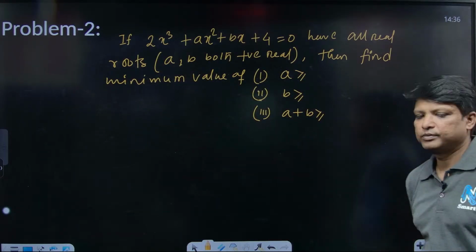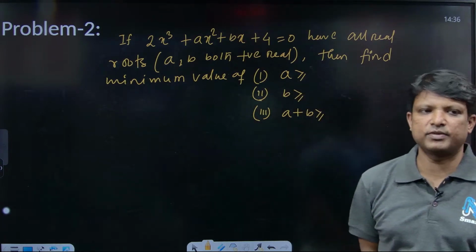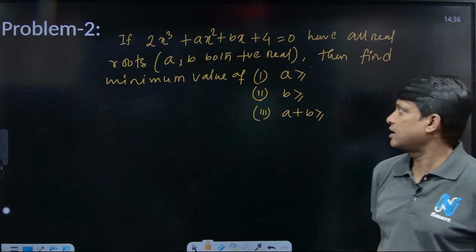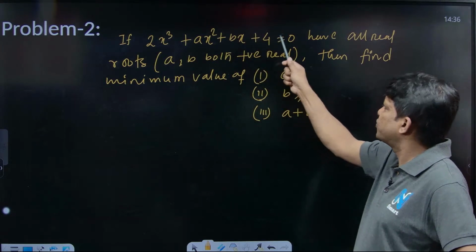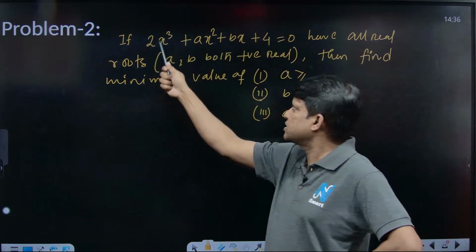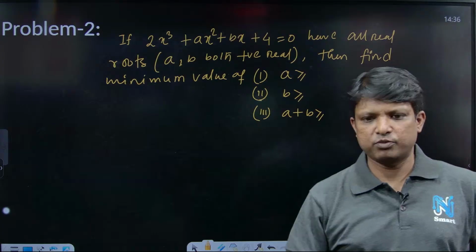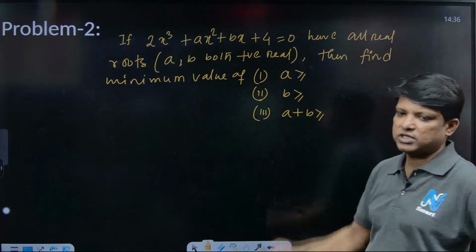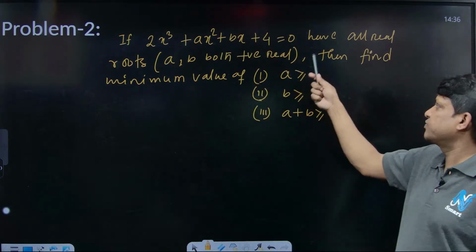We know the relation between roots and coefficients for a 3-degree polynomial. It has 3 roots. Alpha, a, b are all positive. If a and b are positive and 4 is also positive, then if we put a positive root, all terms would be positive, and the sum of all positive quantities cannot become 0.